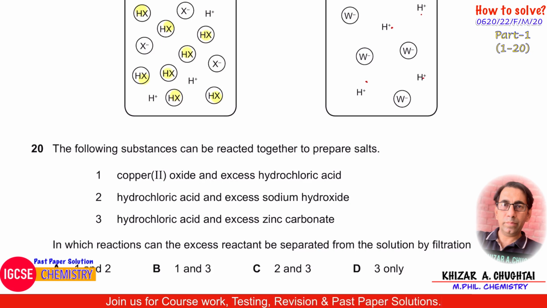The following substances can be reacted together to prepare salts: Number 1, copper 2 oxide and excess hydrochloric acid. Number 2, hydrochloric acid and excess sodium hydroxide. Number 3, hydrochloric acid and excess zinc carbonate. In which reaction can the excess reactant be separated from the solution by filtration?